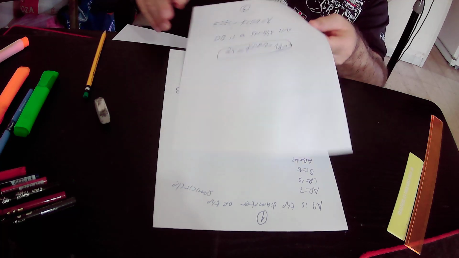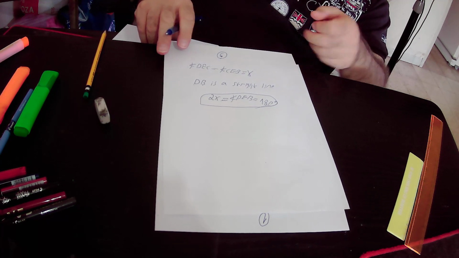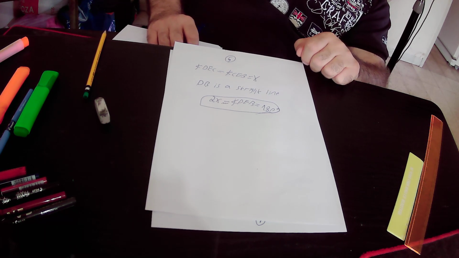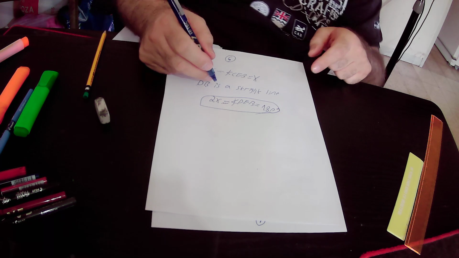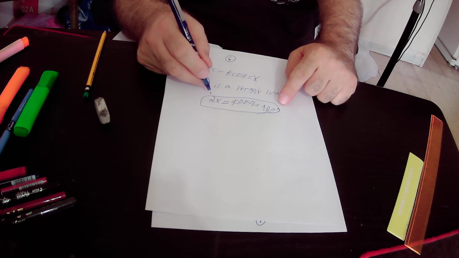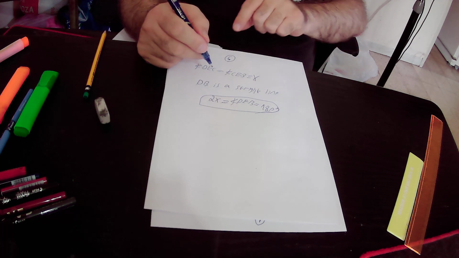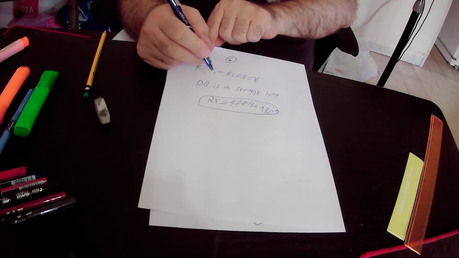So we actually have this equality, and from this equality we can deduce that 2x equals 180 degrees.